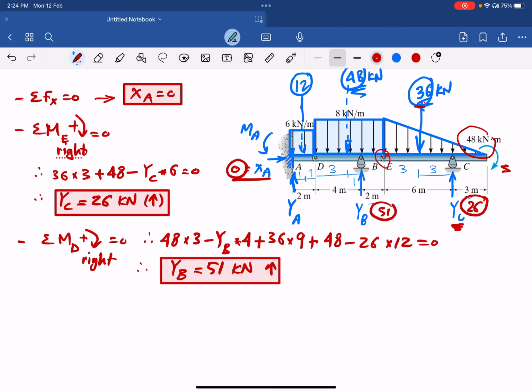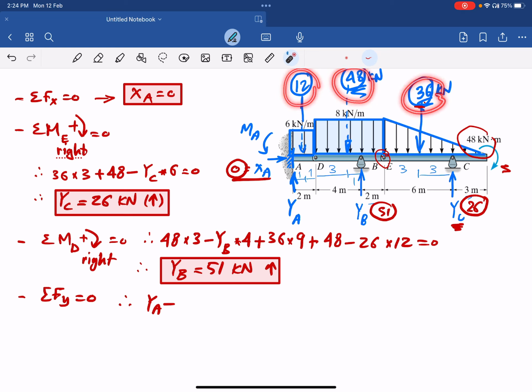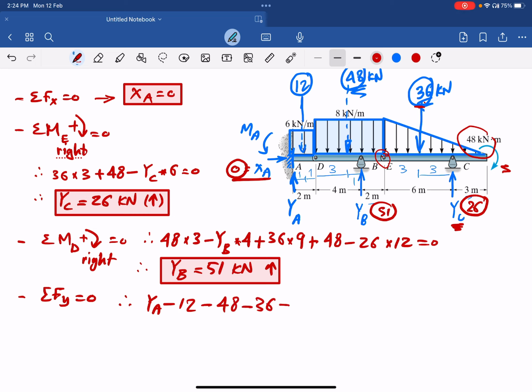Now, once we got the Y at C and Y at B, we can take summation of forces in Y equals 0. So sigma Fy equal 0 for the whole beam. Therefore, Y at A, which we don't know, minus all forces that we have here, 12, 48, 36, so minus 12, minus 48, minus 36 plus the reactions YB plus YC, so plus YB, which is 51, plus YC, which is 26, equal to 0.